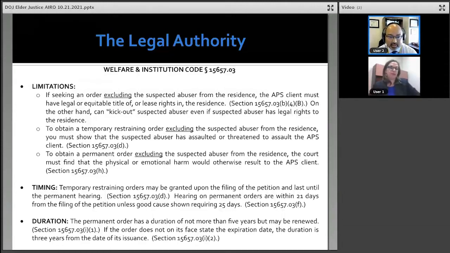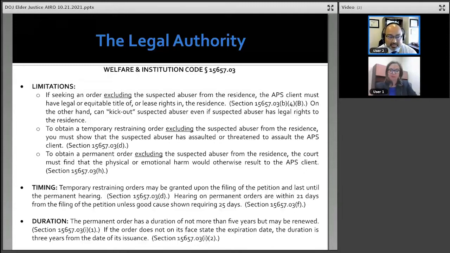The other thing that needs to be shown to the court is that there has to be some physical or emotional harm that would otherwise result to the APS client. If you don't have those two items, the court may not kick out the suspected abuser from the home.